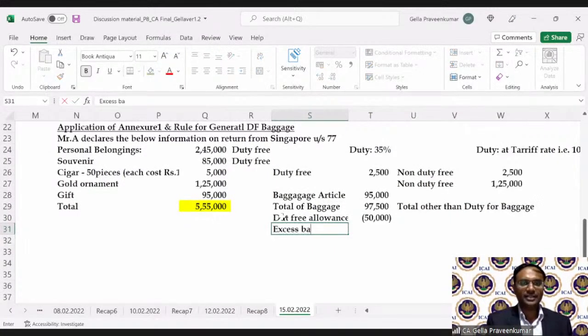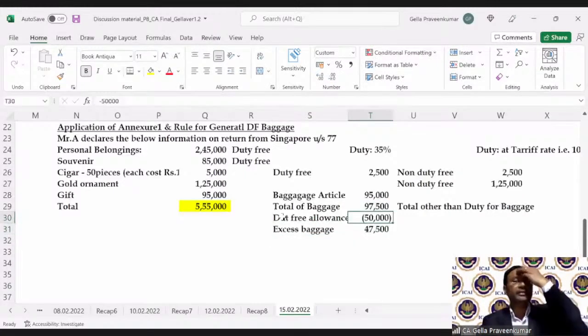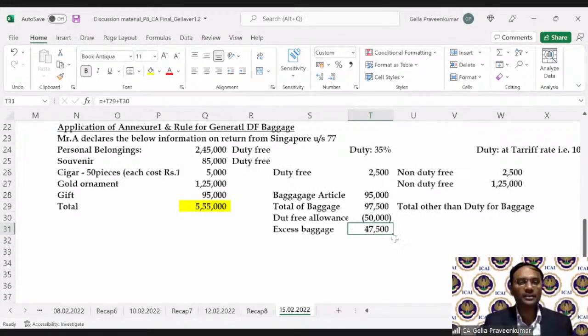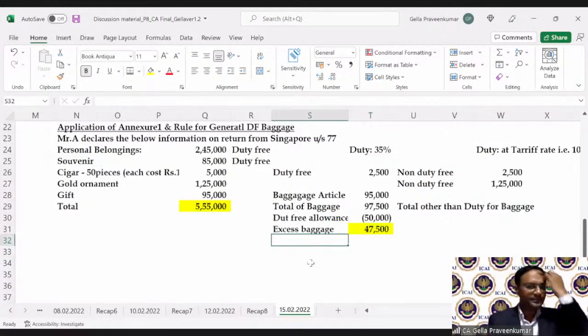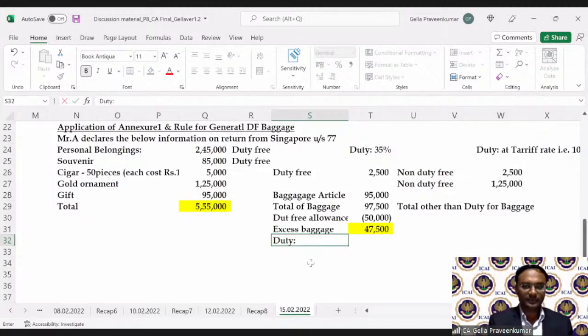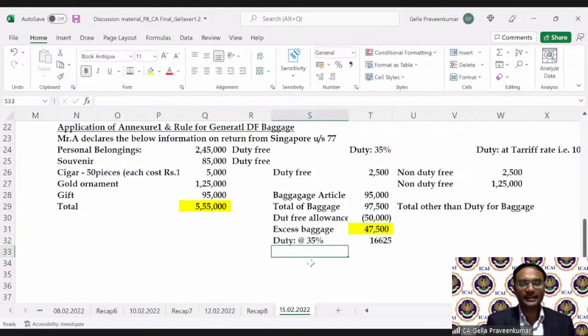Excess baggage. So out of 97,500, I can get permitted only 50,000. This 47,500 is the amount which is subjected to duty. Now, what is the duty? On 47,500, I'll pay 35%. This is my customs duty I have to pay.